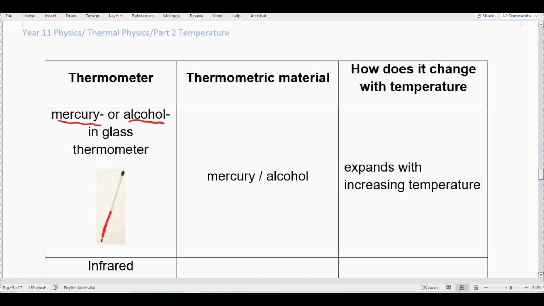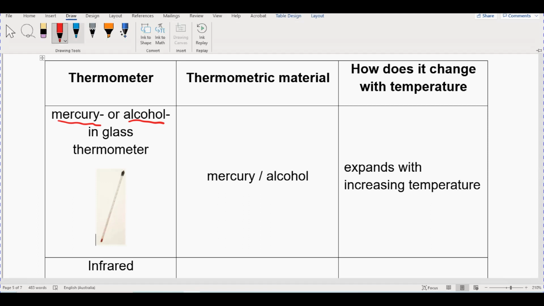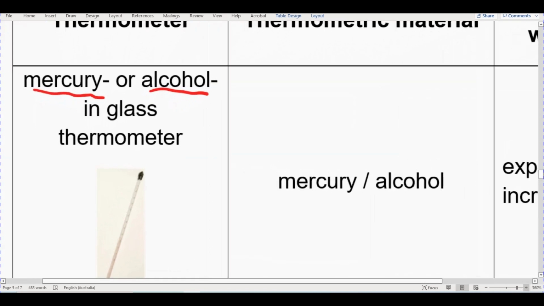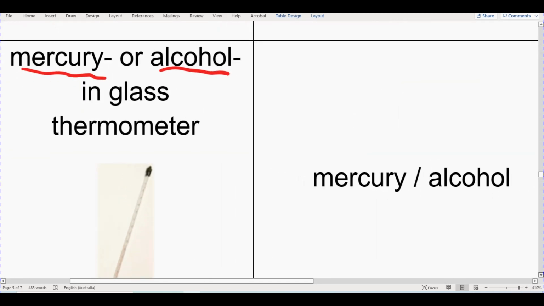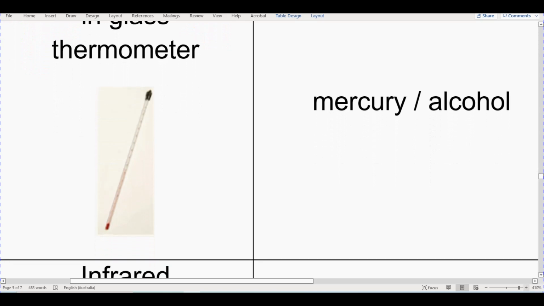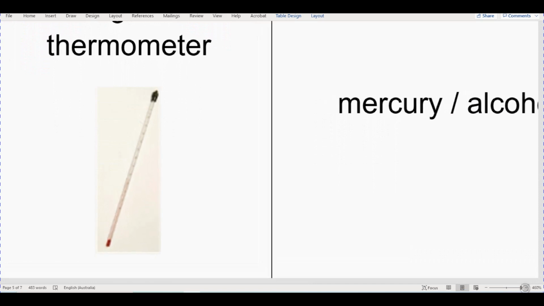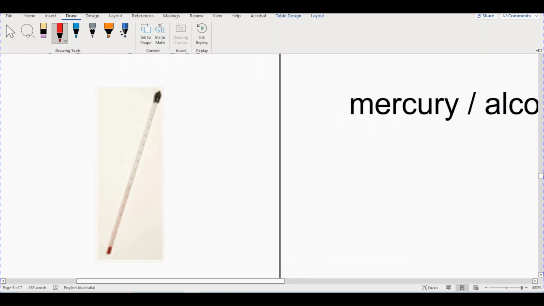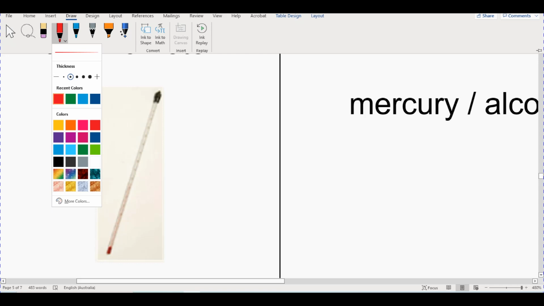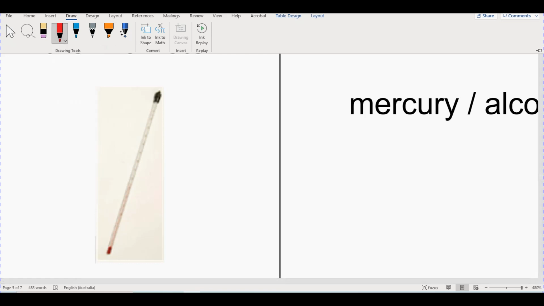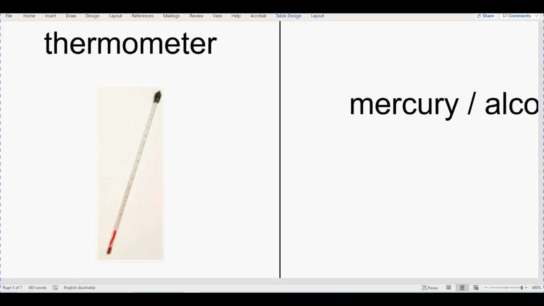Okay, so let me, for example, you have a thread of liquid which is colored in red, so you can read it.